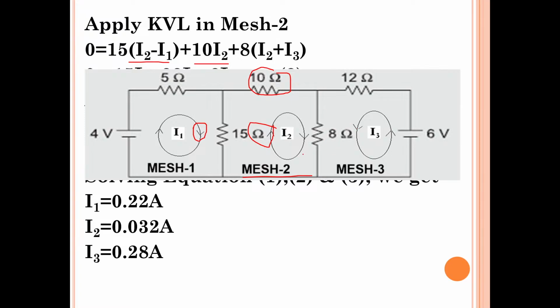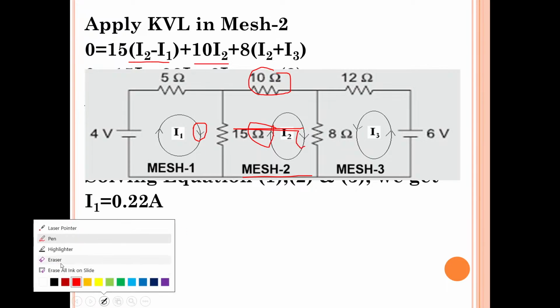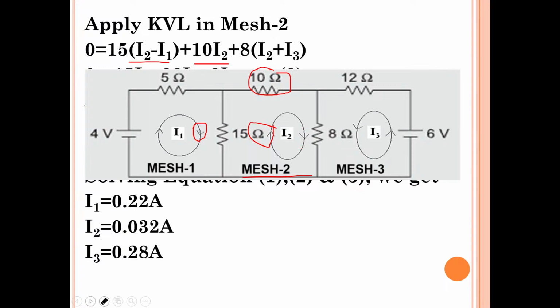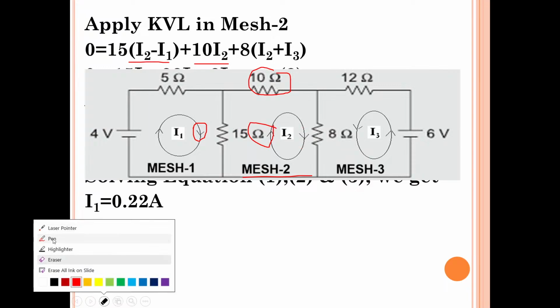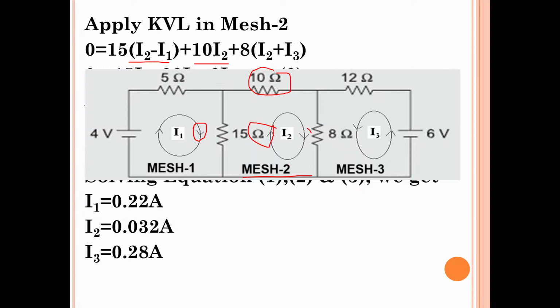The 8 ohms is also in between two meshes. So just observe the current directions. I2 current is downward. What about I3 current? It is also downward beside the 8 ohms.